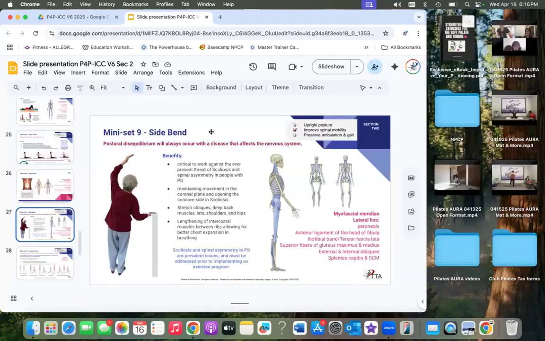The side bend. This is improving spinal mobility, automatically using the side bend if I see any kind of spinal asymmetry. And in fact, when I come in and I will generally see it, I will open. So we'll do inhale, arms up, extension, come down.